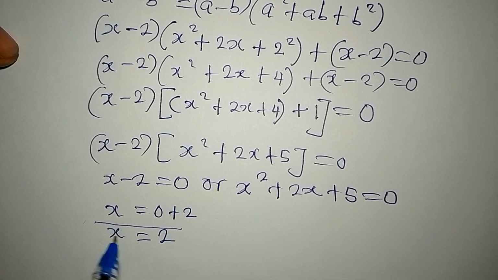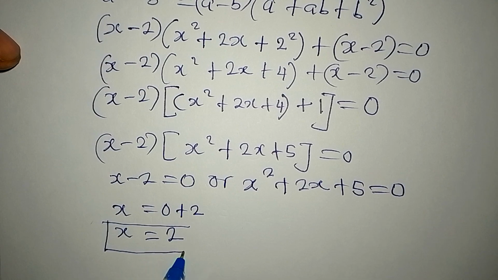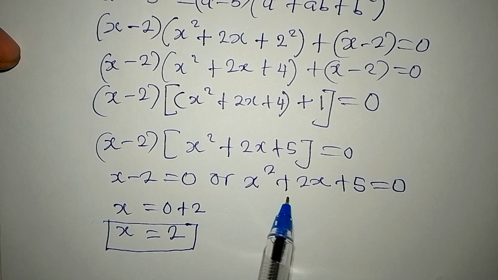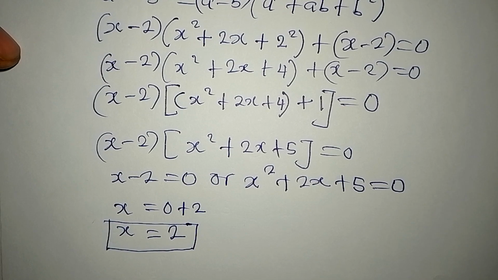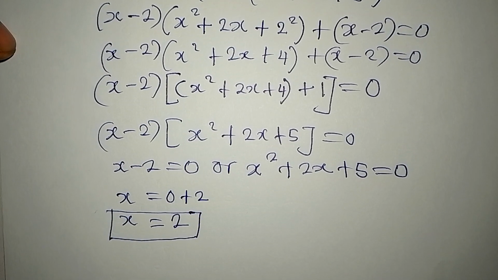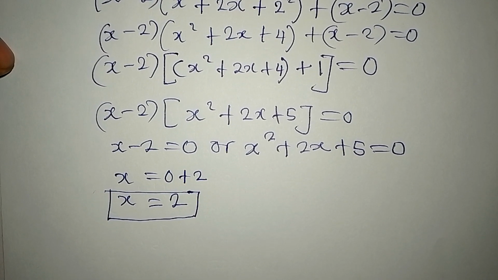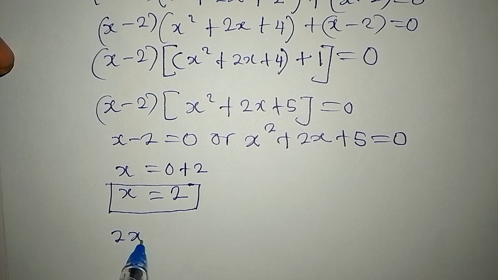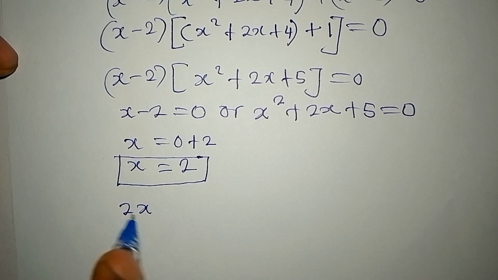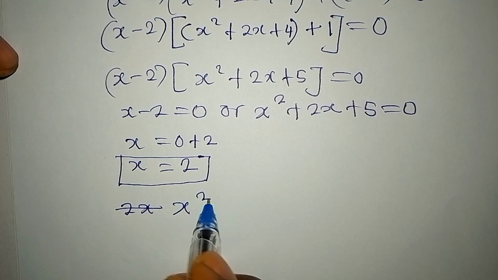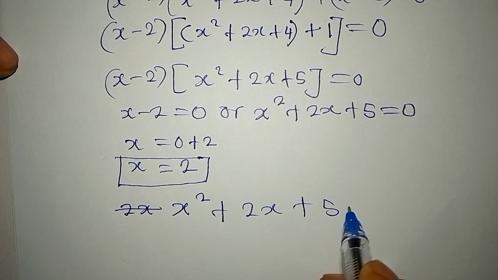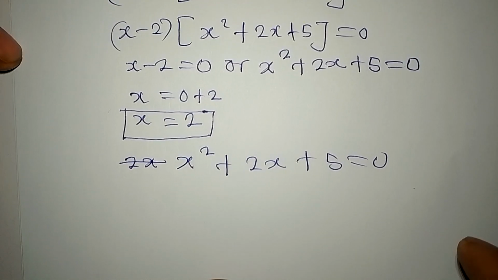So this is the real solution to the equation. And what about this quadratic equation? Remember, quadratic equation is to provide two solutions, right? Okay, we have x squared first, right?